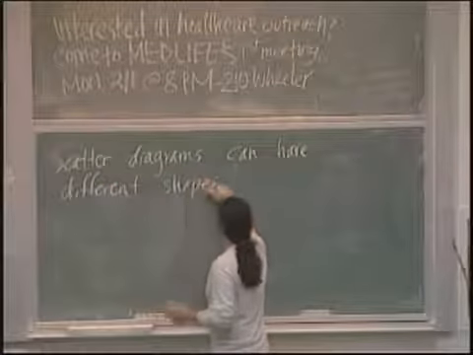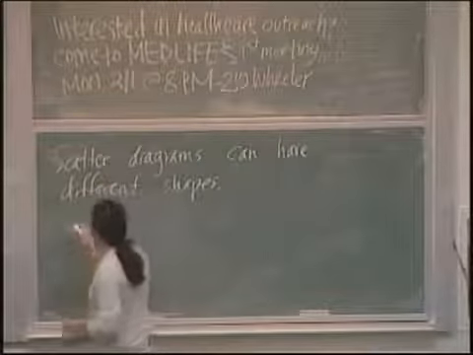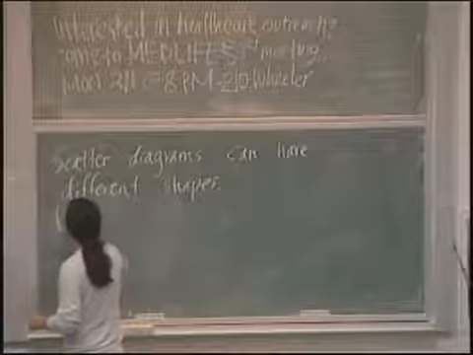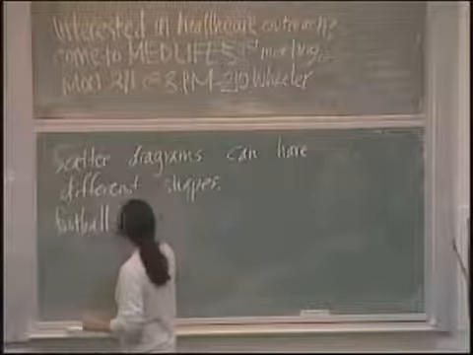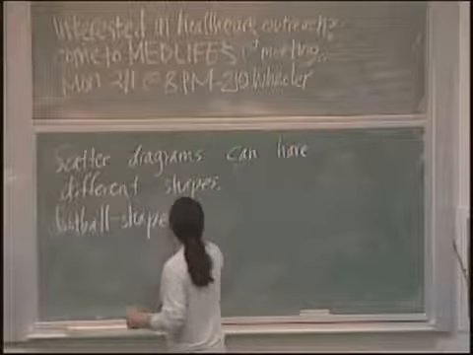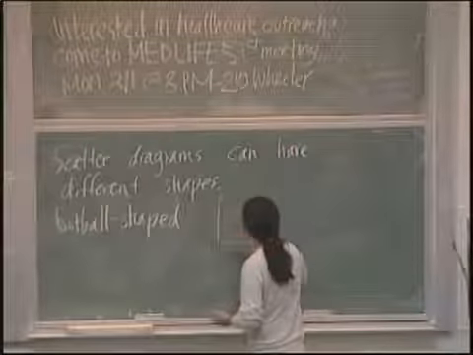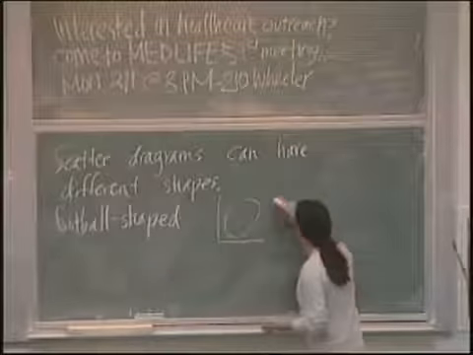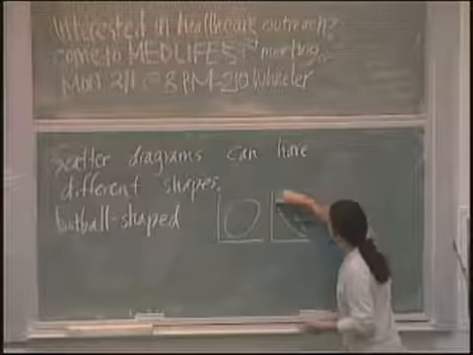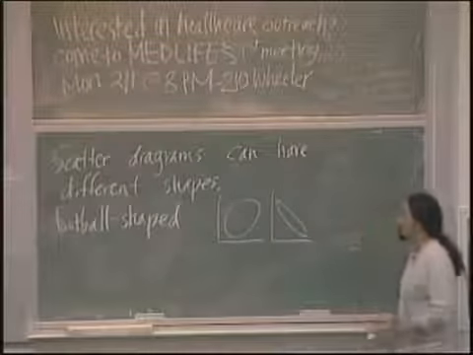And the case that I'll consider to be kind of nice is what's called football shaped. So it can be a fat football or a skinny football. It can be positive correlation, negative correlation, whatever, okay?